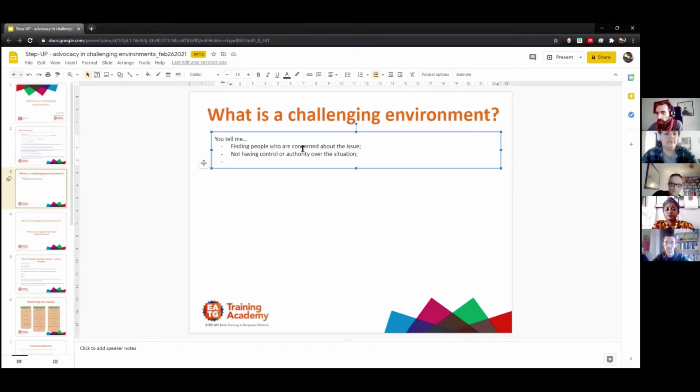Control goes more into how things are managed and how things occur, and authority is actually having the power to propose and make change happen. So it's two different dimensions, actually. More?